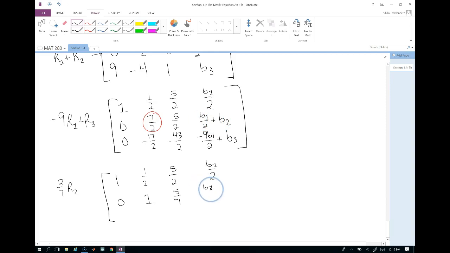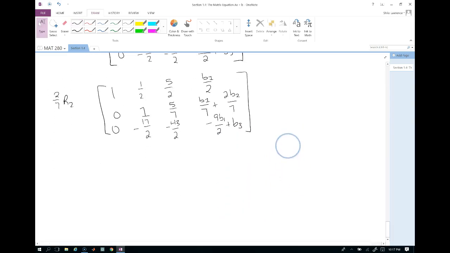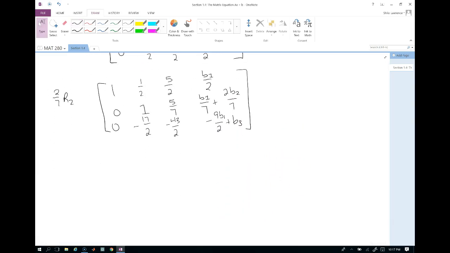And this ends up as B1 over 7 plus 2B2 over 7. That last column is going to start to get a little bit complicated, especially since we have fractions here, so just double check your work as you go if you're unsure.